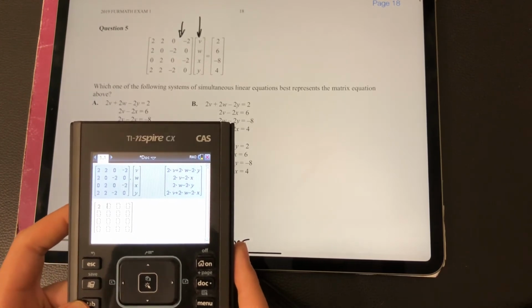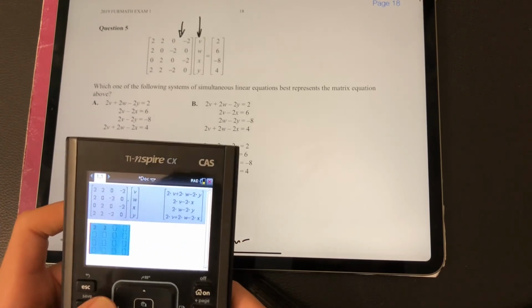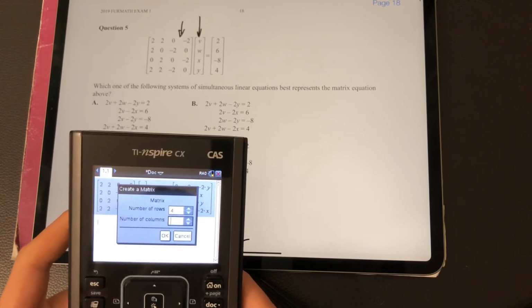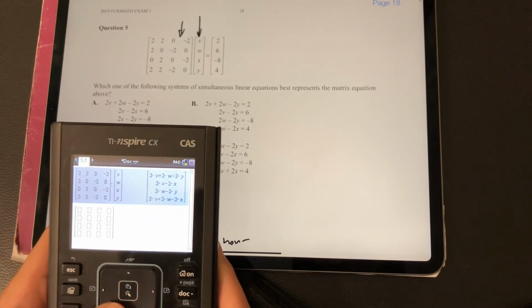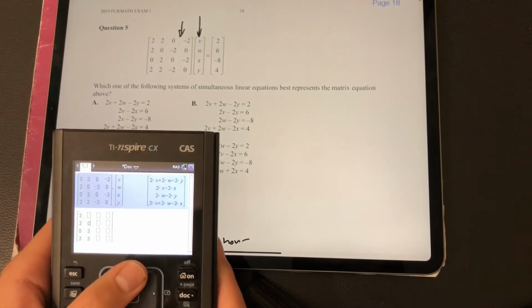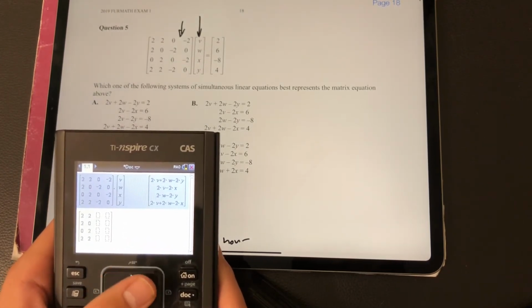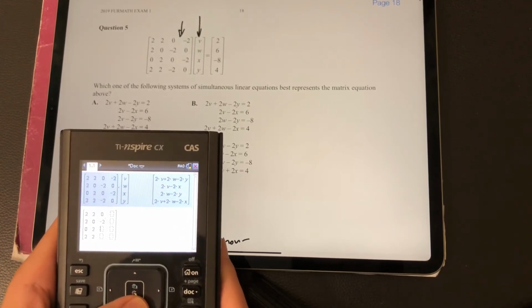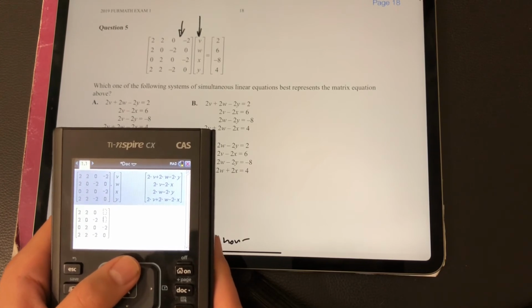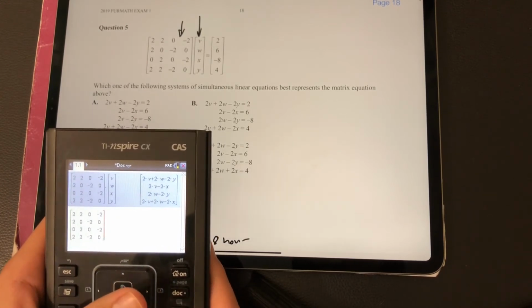I'll get the matrix up again. So 2, 2, 0, 2, 2, 2, 0, 2, 0, negative 2, 0, negative 2, 0, negative 2, 0, negative 2.